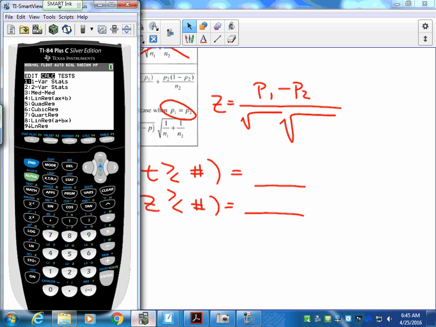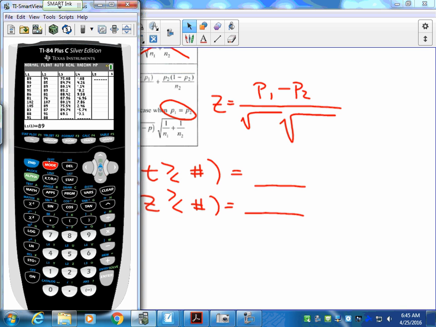And now when we look at the calculator, where would you go for these? If you're just doing a straight z value, you would use your normal CDF, with lower boundary, upper boundary. Don't change mean and standard deviation. If you're doing a t situation, we would use the t CDF, lower boundary, upper boundary.